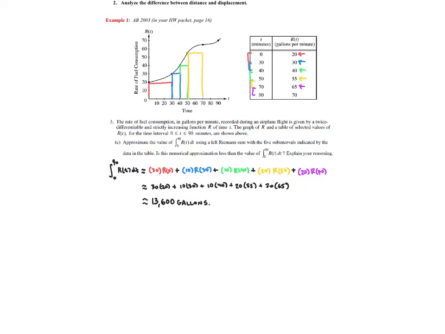From 50 to 70, and from 70 to 90. Now we can see clearly, based on this sketch, that our LRAM, our numerical approximation, will be less than the actual.